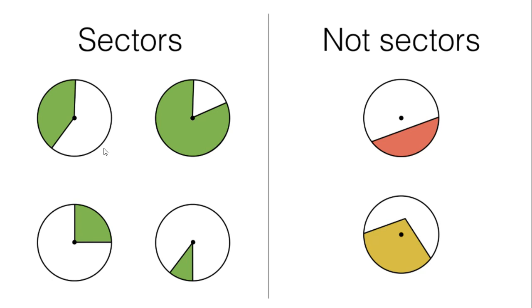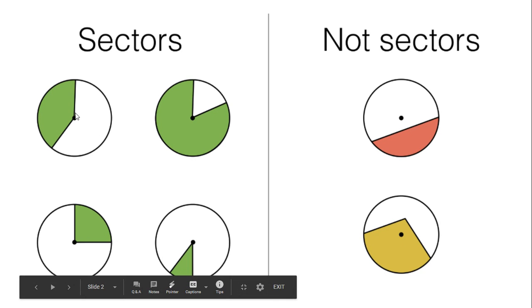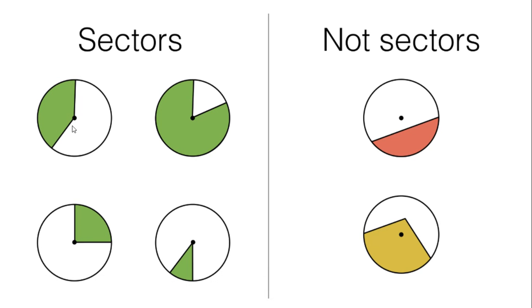On the left are all examples of sectors. They're sections of the area of a circle, but not just any area. They have to come from the center and involve the radius.